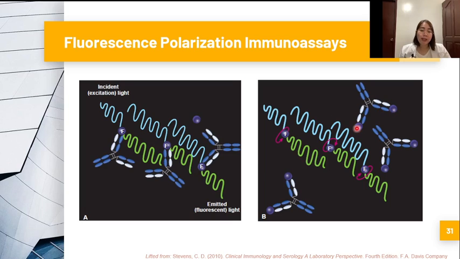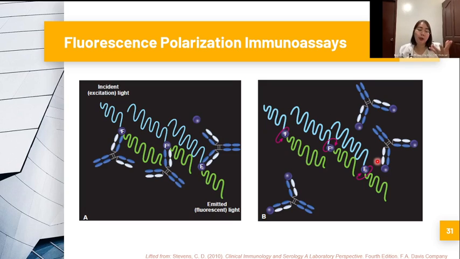While if the patient sample or patient antigen is in increased concentration, sila yung magbabind kay antibody, and the fluorescent analyte will be free to rotate and be less uniformly oriented. So, free sila. That's why hindi uniform ang orientation. That's why less ang polarization. Okay? If the light waves emit with the same orientation, it means higher ang polarization.